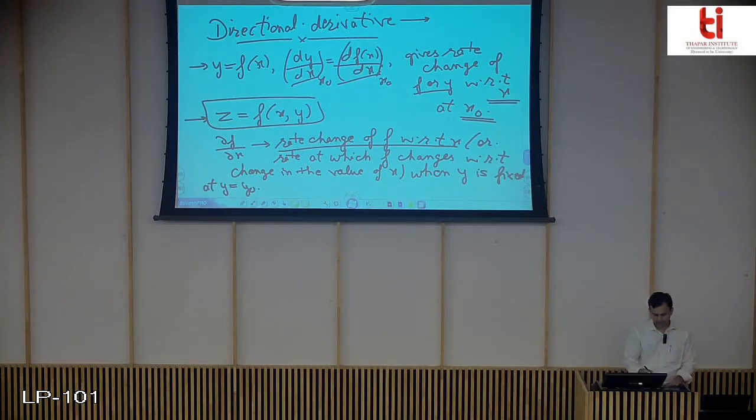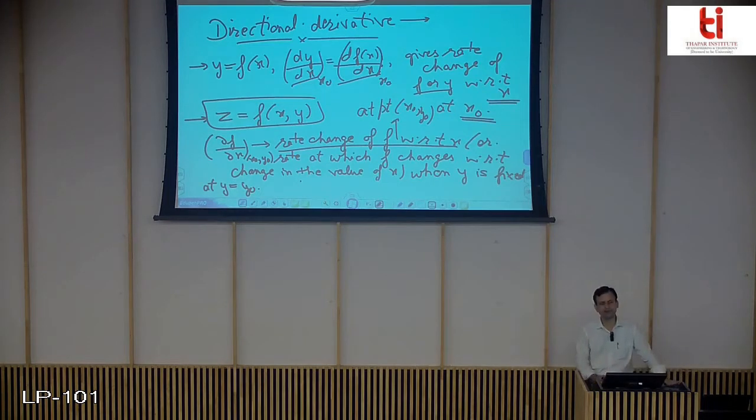If we are saying it at some point x naught, y naught, then it gives you the rate change of f at point x naught, y naught with respect to x when y is kept at value y equals y naught.